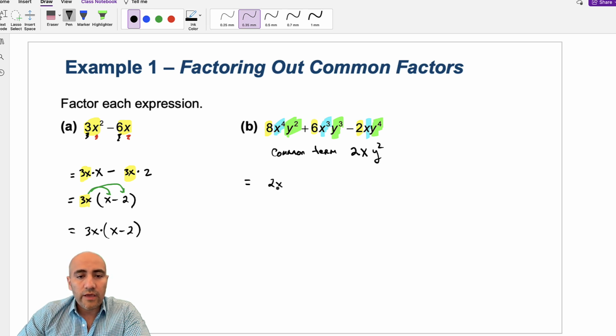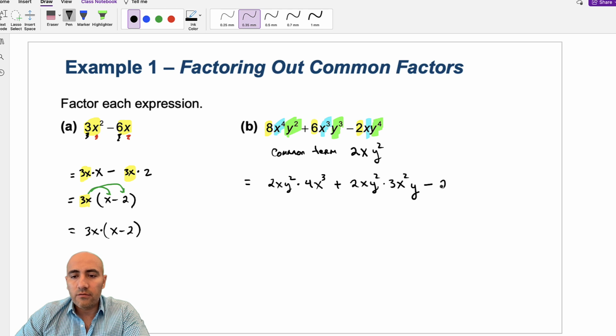So it'll be 2xy squared, and now 2 times 4 gives you an 8, and there used to be x to the power of 4, and we took 1, so this would be x to the power of 3, and then y to the second power is right there, plus 2xy squared, and now there is a 3 times 3 x squared y to the power of 1, minus 2xy squared times y to the power of 2.